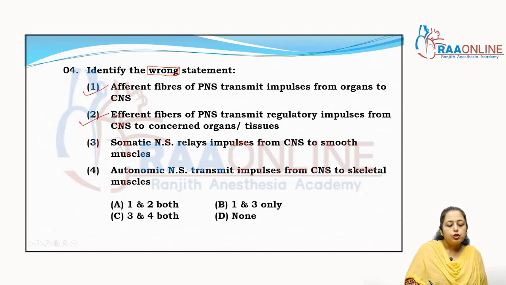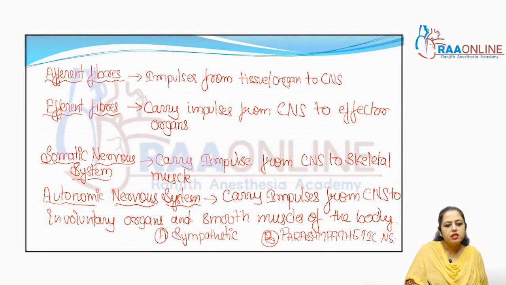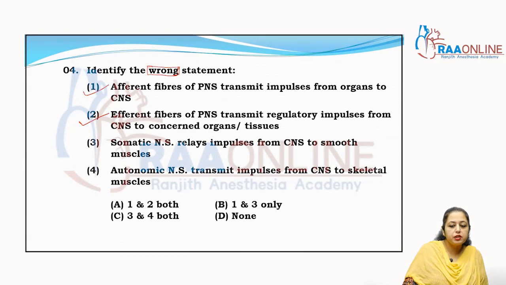Correct, exactly. Somatic nervous system relays impulses from CNS to smooth muscles. Is it right? It carries impulses from CNS to skeletal muscles, so it's not to smooth muscle, that statement is wrong.